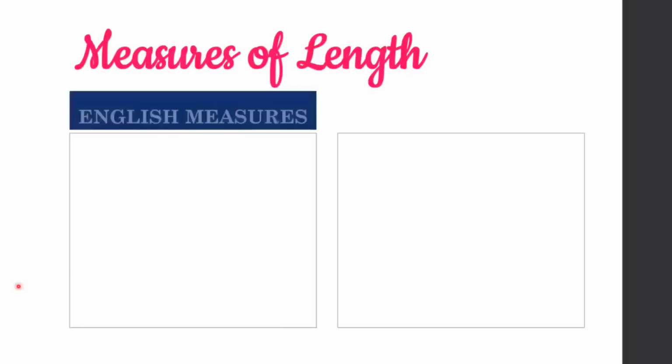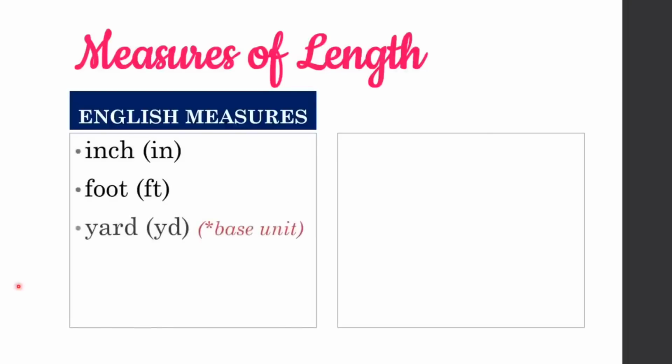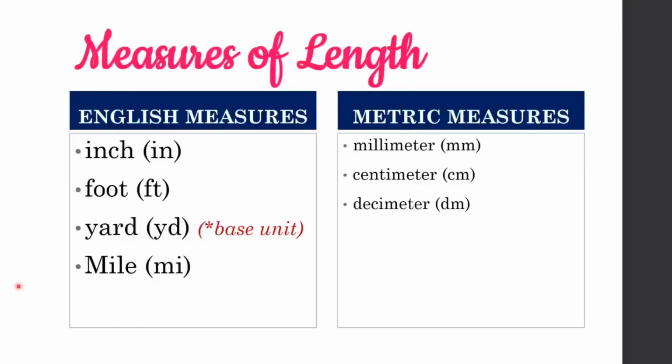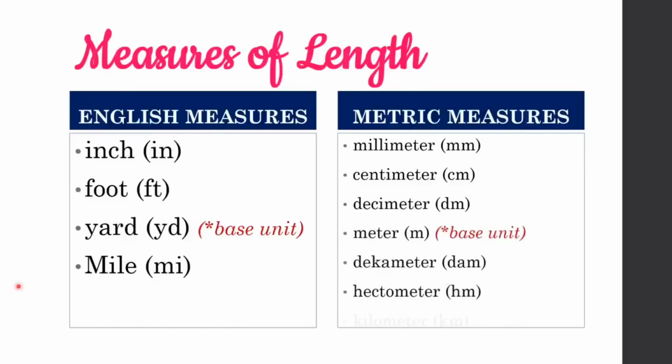Now, let us look at some of the most common units of measures that we use in measuring length. For English measures, we have inch, foot, yard, mile. And for the metric measures, we have the following: millimeter, centimeter, decimeter, meter, decameter, hectometer, and kilometer.